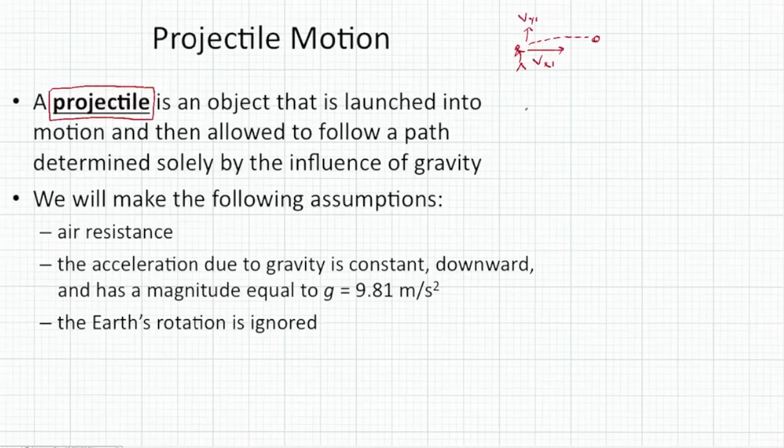And so we're going to make a few assumptions with this. What that means is, and you'll need to complete this here, air resistance, we'll say, is ignored. We're going to be dealing with ideal situations here. So if you were to throw a baseball in, say, a vacuum, where would it land?